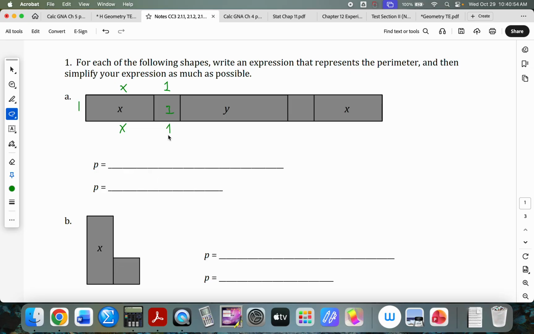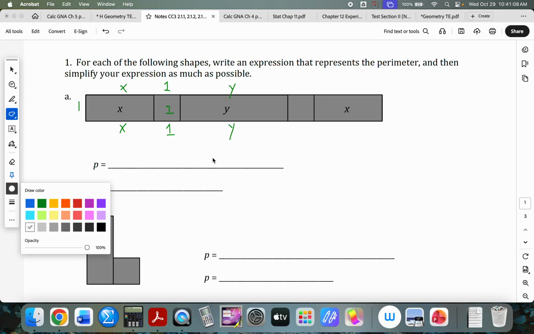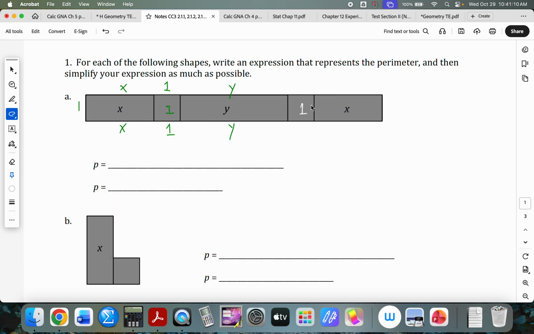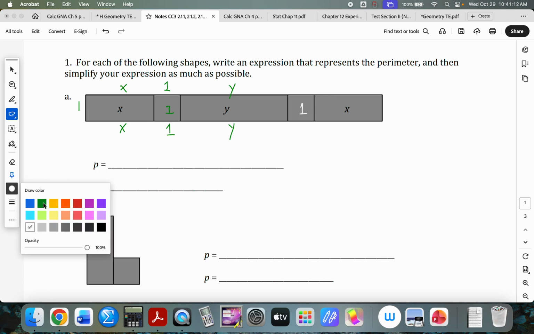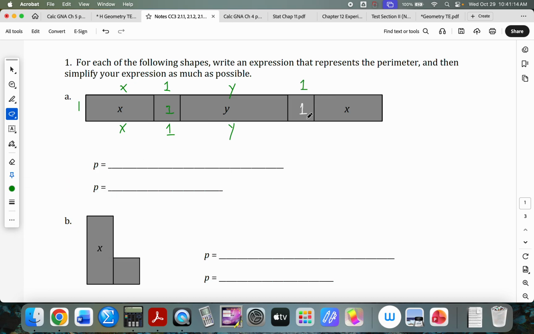So each of these is 1. For the y tile, the long distance is y. So those are both y. This again is our unit tile. It has an area of 1, and so each of these is 1. And then for the x tile, the longer dimension is x, and the shorter is 1.